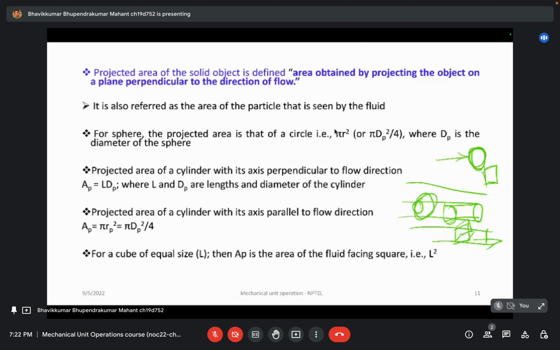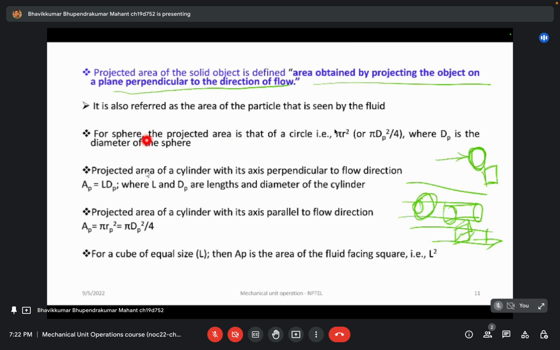The area obtained by projecting the object on a plane perpendicular to the direction of the flow is known as the projected area, and it is also referred to as the area of the particle that is seen by the fluid. So the fluid can only see this circle, or this square, so the fluid just interacts with these geometries only. So we need to consider the area of that geometry.